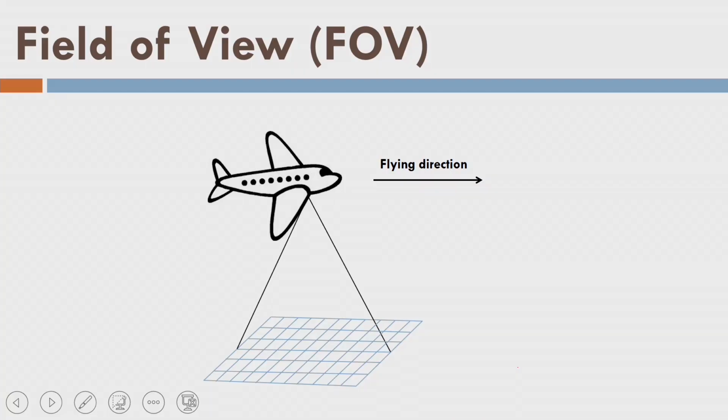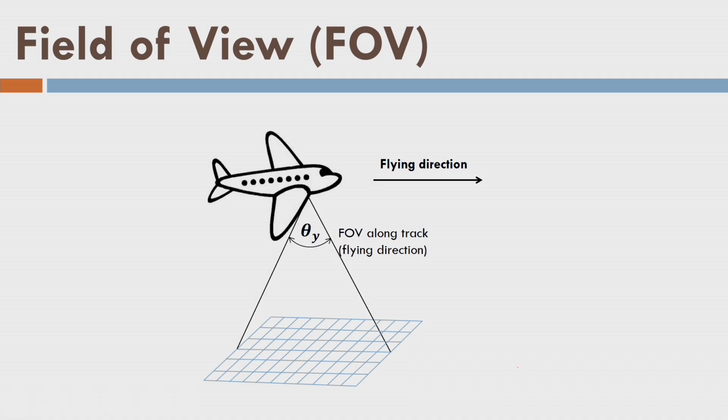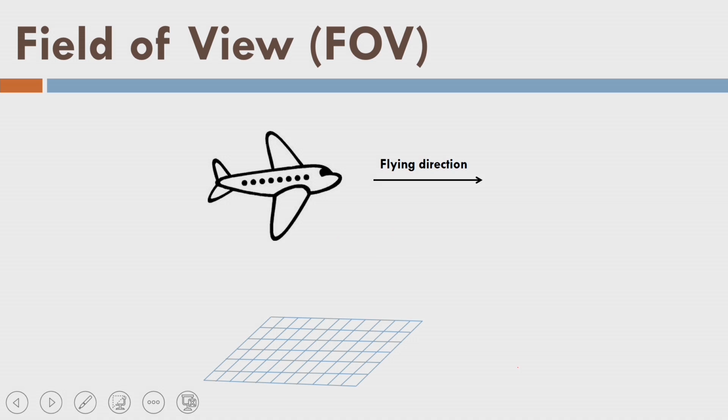This angle, theta y, which is along the direction of flight, is the field of view along track, and that is the flying direction. Similarly, we have another field of view, which is the field of view across the track, or across the flying direction, on the sensor. So this is the angle.